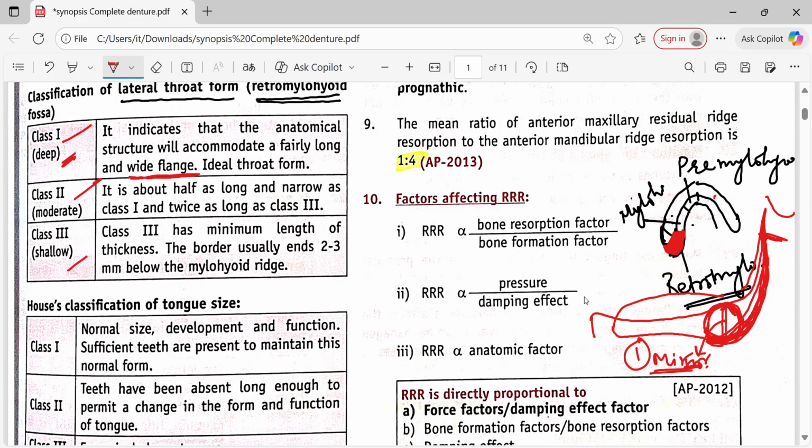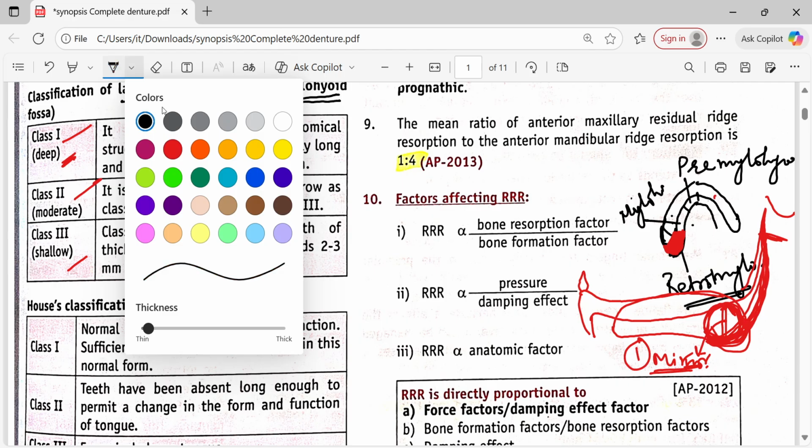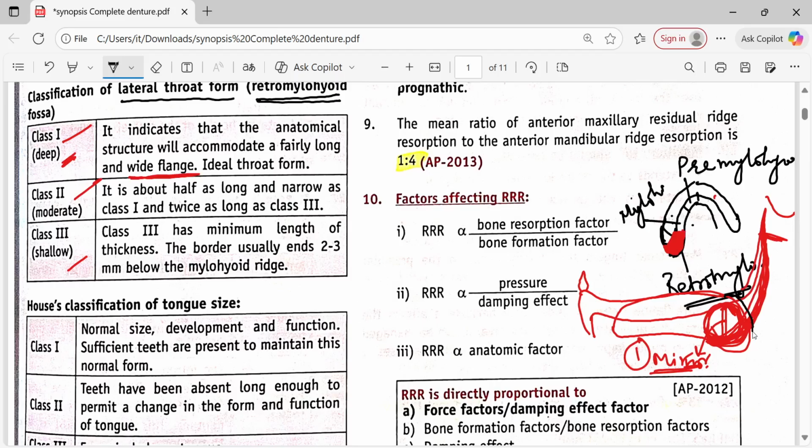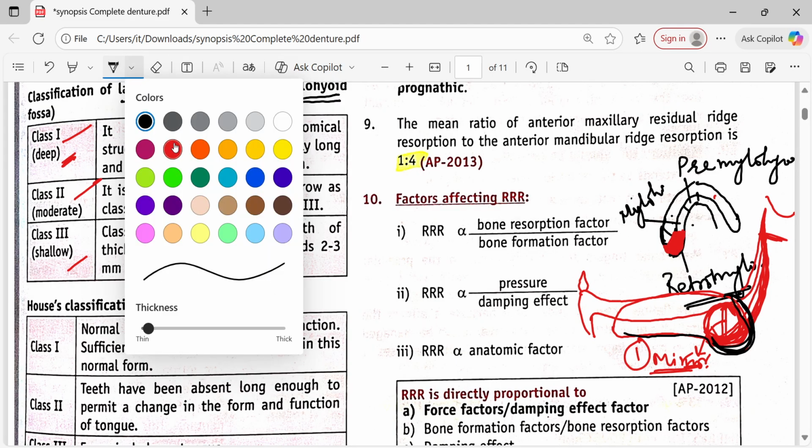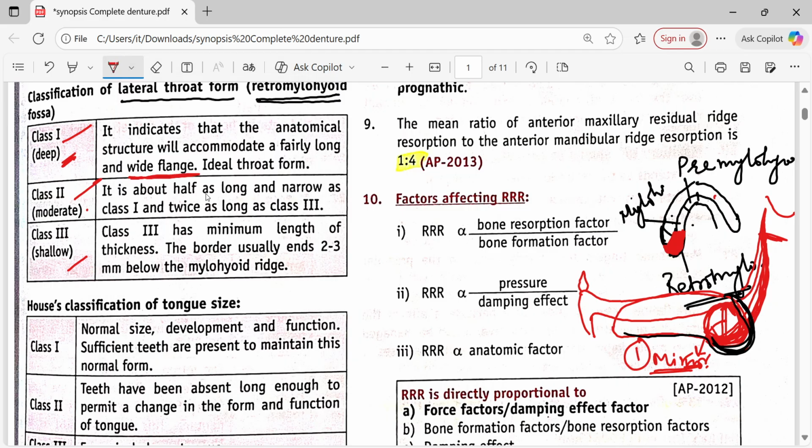Your flange will have more retention. Suppose this is your denture and this is your lingual flange. So your lingual flange will be lengthy in this area, and your lingual flange will be more in type 1, and that's why it has more retention. Class 2 will have a flange half as long and narrow as class 1.